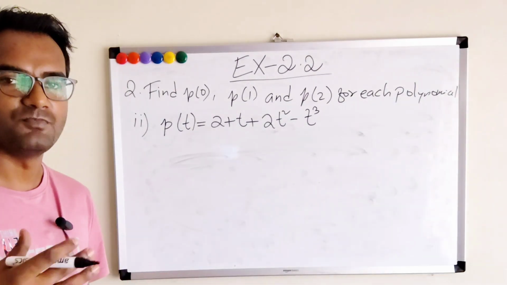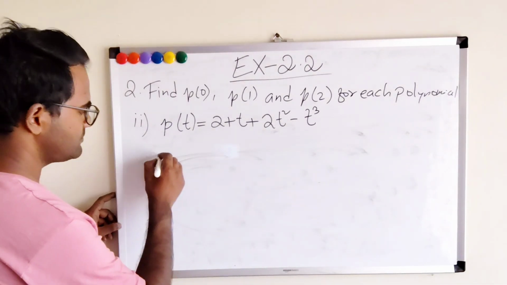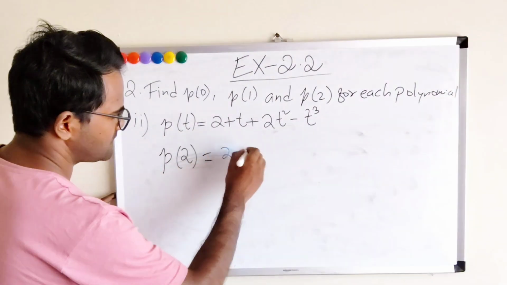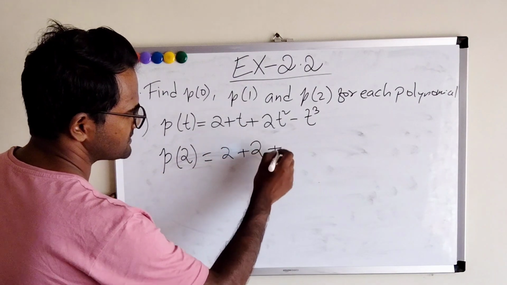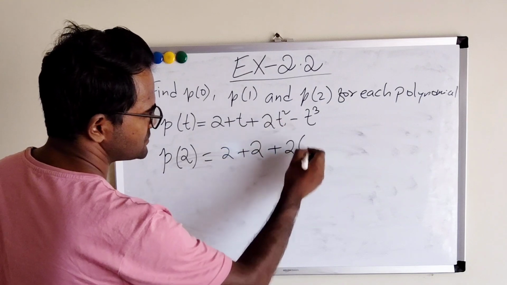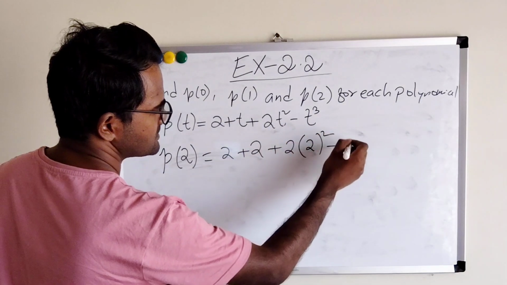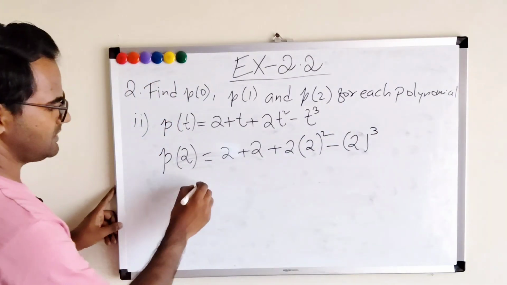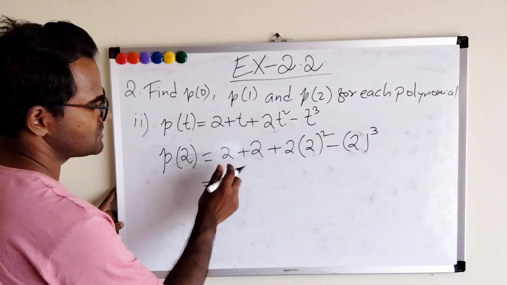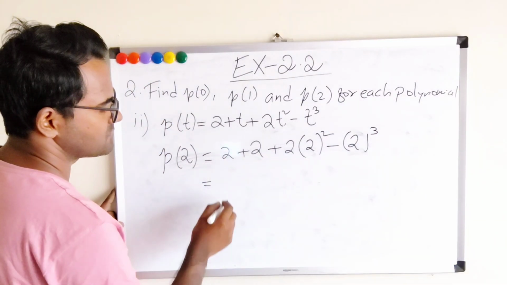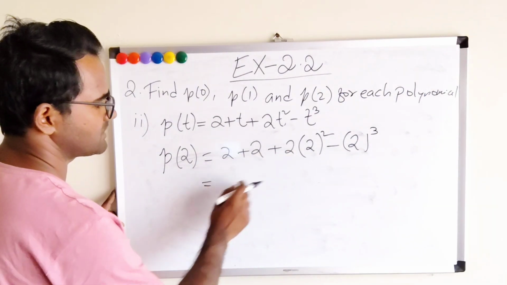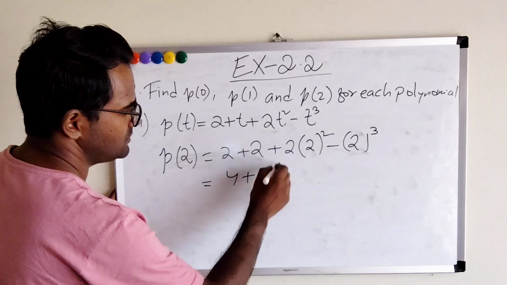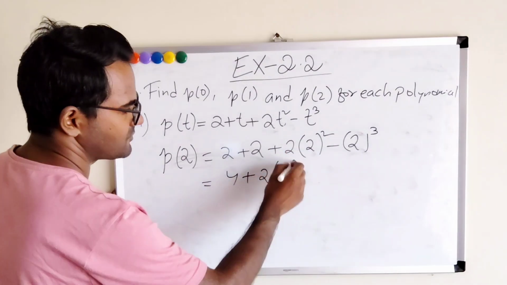Now continue p of 2. So in place of t you write 2 plus, in place of t you write 2 plus 2, in place of t you write 2 square minus, in place of t you write 2 cube. Now you get 2 plus 2 plus 2, what do you get? Forget about this one now, you just plus this 2 to 2, you get 4, right? 4 plus 2, then 2 into 2 is how much? 4, right?